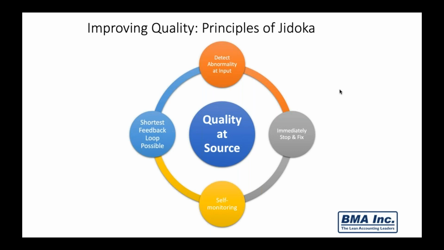So detecting the abnormality at input, what are some solutions that can be used? There's some technical solutions maybe that can be used. For example, if you're talking about using any kind of software, there's required fields that need to be input. You could do autofill. You can have restrictions on terms with drop downs, meaning you can only choose certain types of information to input.